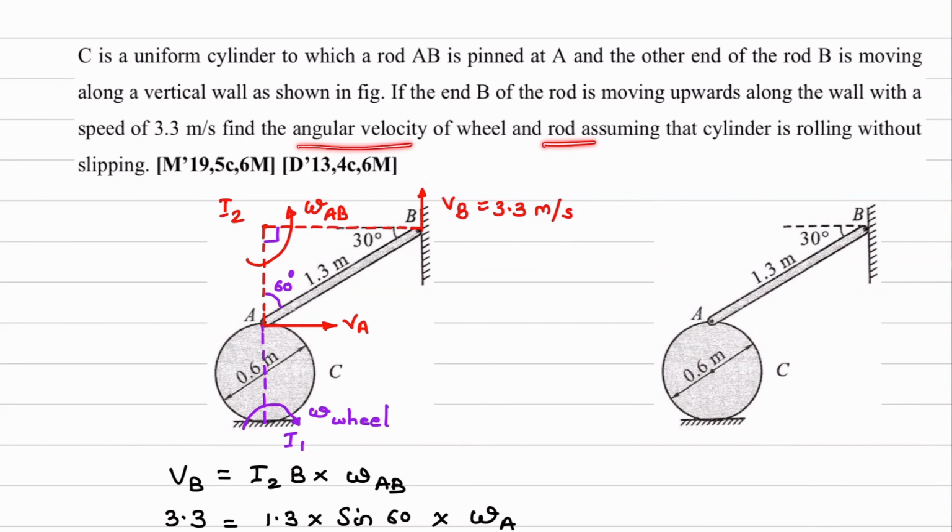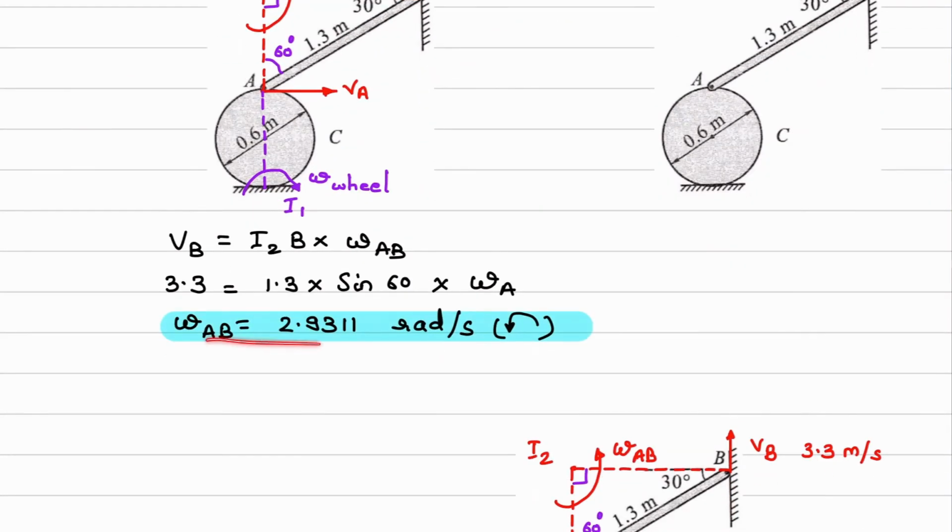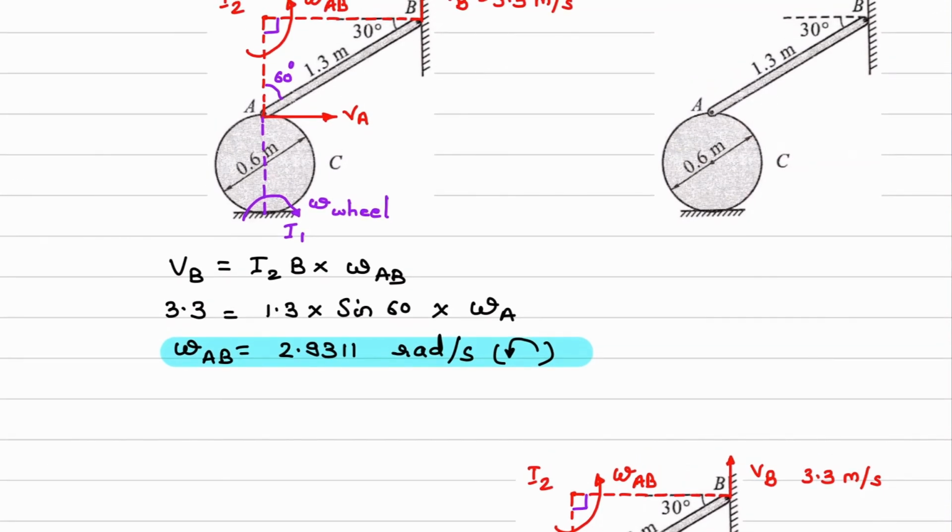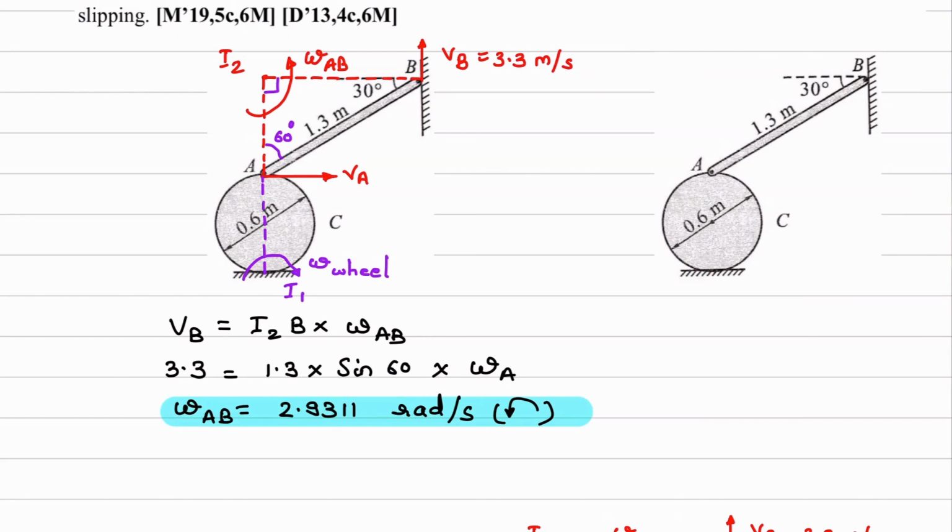Find angular velocity of rod. So omega AB we have calculated. Now we will calculate VA. VA is equal to I2A into omega of rod AB.